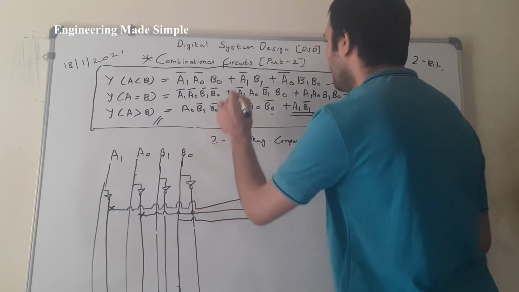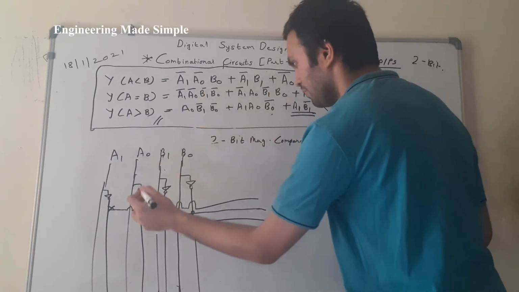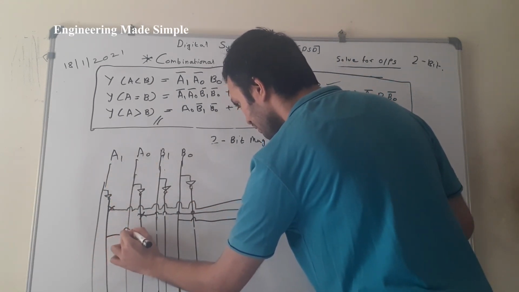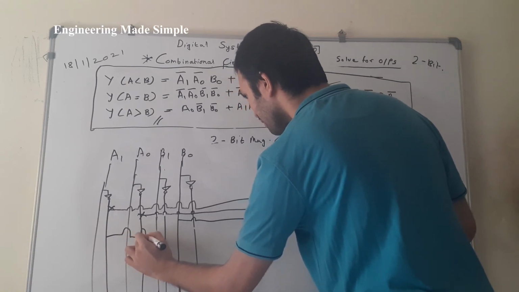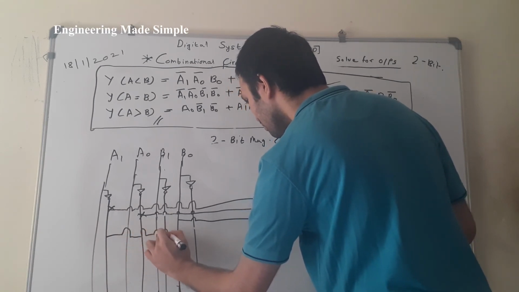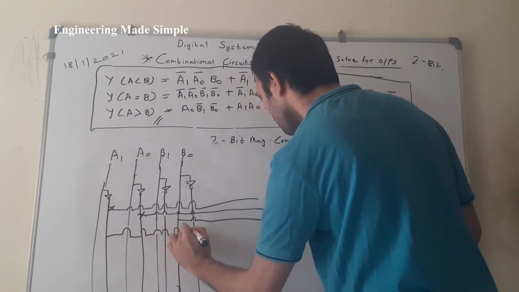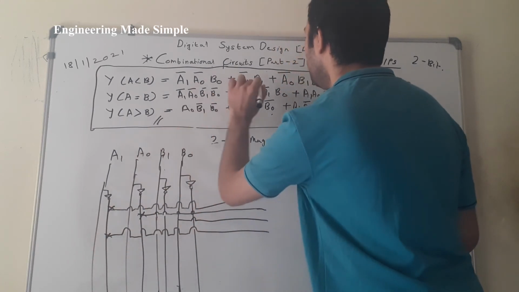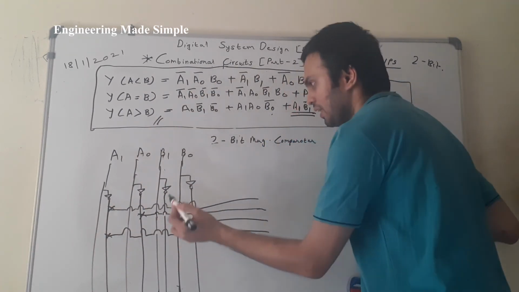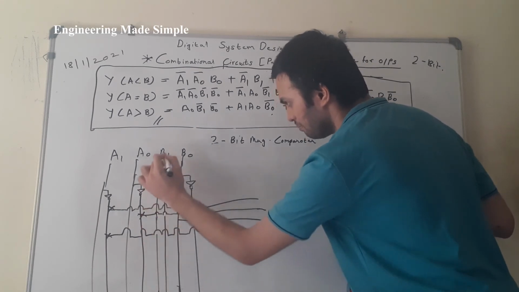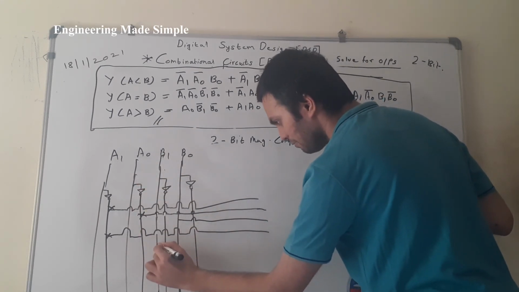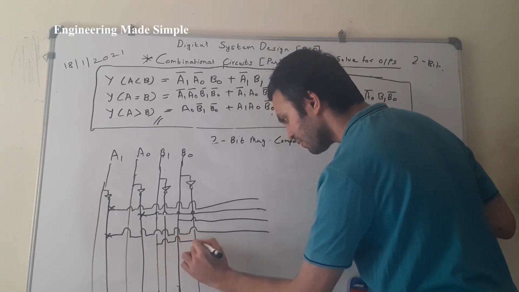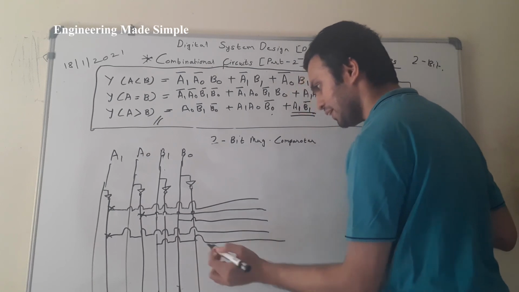Plus A1 bar B1, the second term. A1 bar, so again I will have to tap from here. A1 bar, A1 bar, B1, second term. So B1, this is the signal line for the B1 input. So we will tap it again from here and take it down.